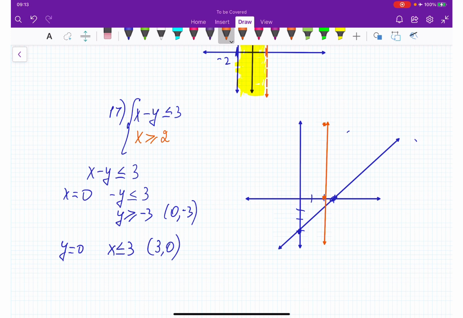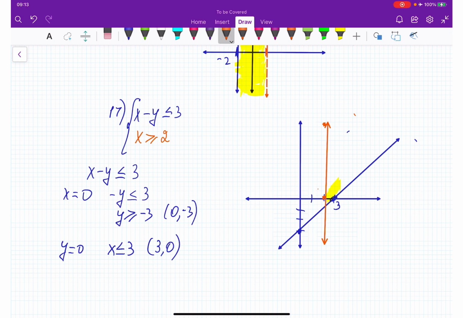Okay, so this one also we can take care of without drafting. So what do we have? x is greater than 2, here it is, right? And from the blue one, we have x is less than 3, which is here limited, right? Let me write down, this is 3.